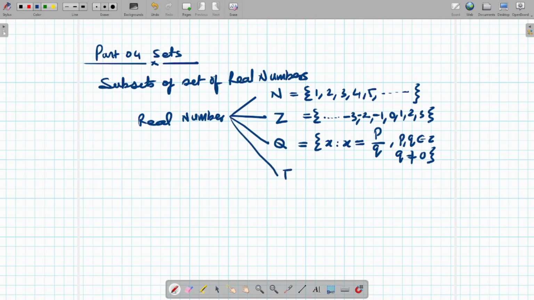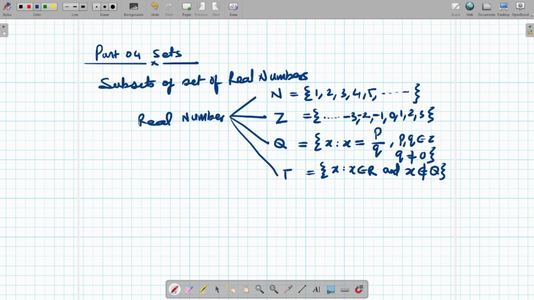T is the set of irrational numbers, and हम कैसे लिखेंगे इसको? x such that x belongs to R and x does not belong to Q. So that is the representation of all the subsets of the set of real numbers.